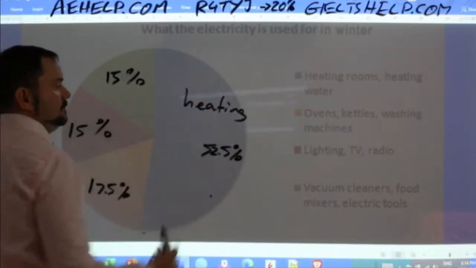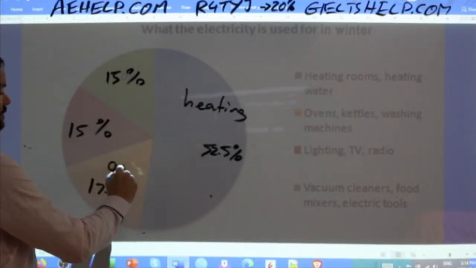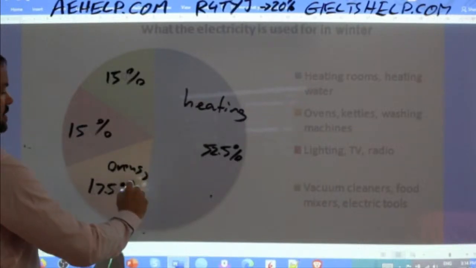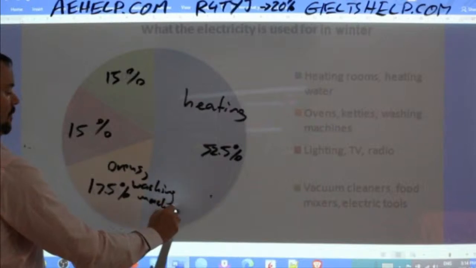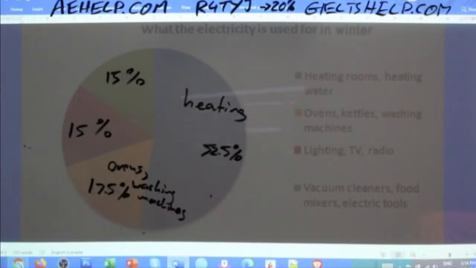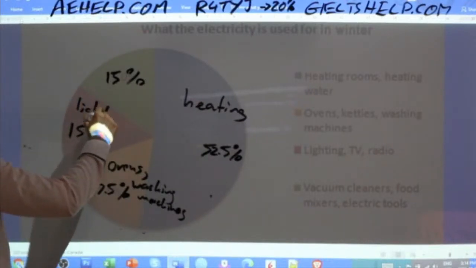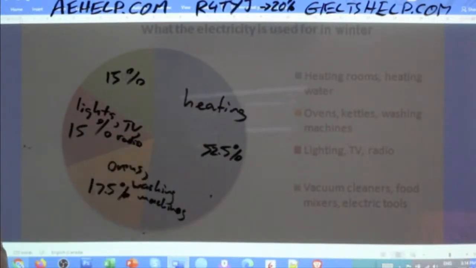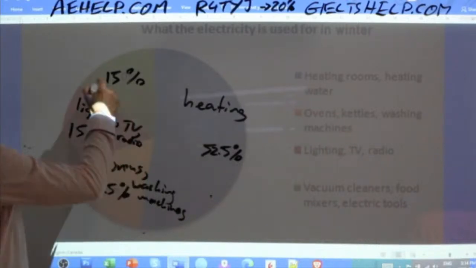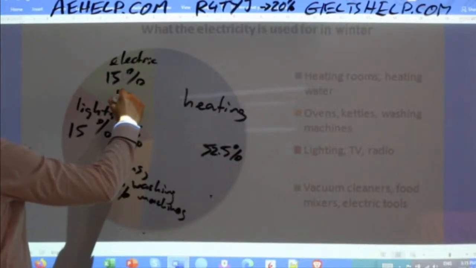This is heating, rooms and water. This is ovens, kettles, washing machines. This is lighting, TV, radio. And then this is electric tools.